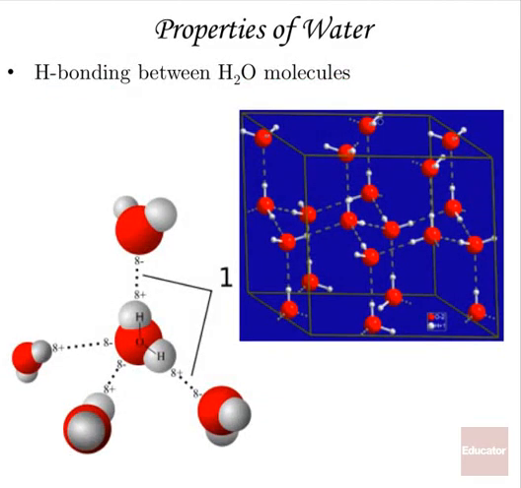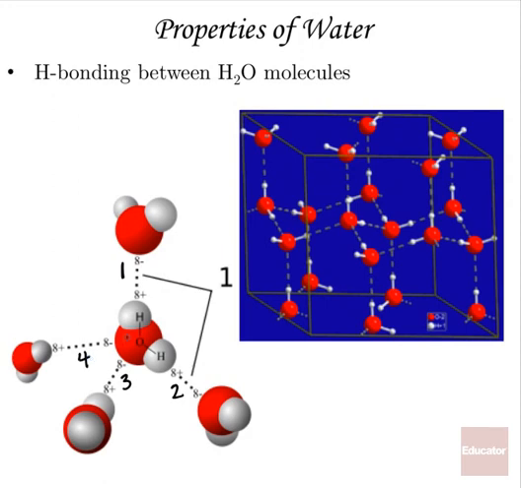Now, water can hydrogen bond, okay? And you can hydrogen bond several water molecules together. A single water molecule can actually make 1, 2, 3, 4 different hydrogen bonds with 4 different water molecules.